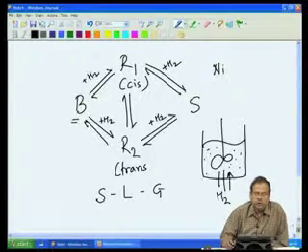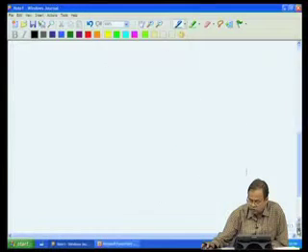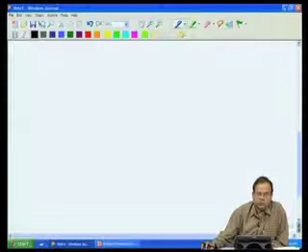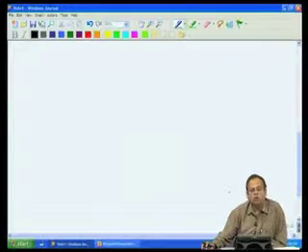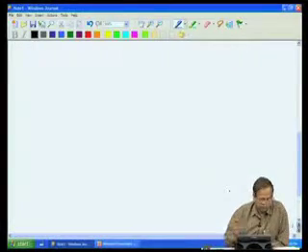So, now let us start our discussion on designing this reactor by looking at kinetics of this process. So, our first task is to develop the kinetics, that is not worrying about mass transfer at the present time, and we will worry about the kinetic aspect.